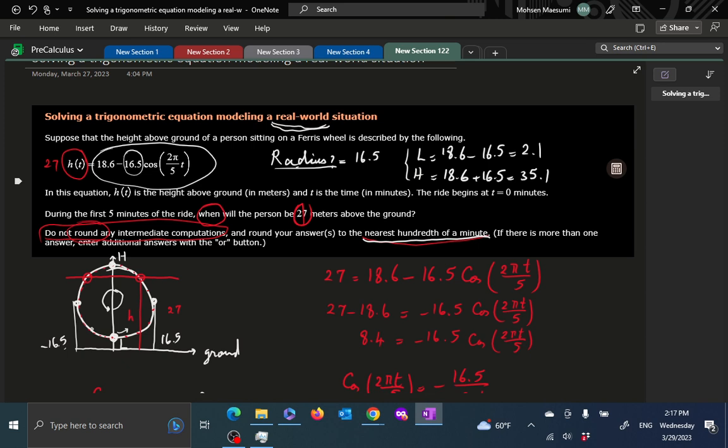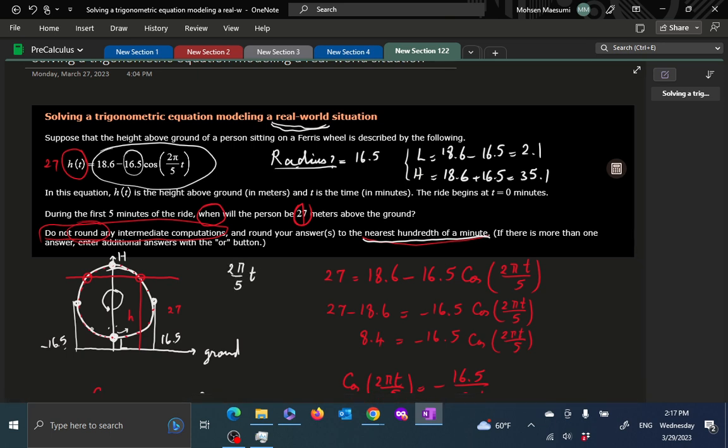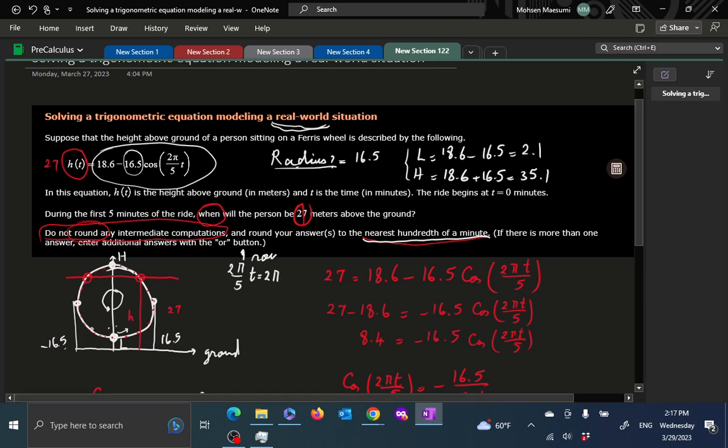For cosine to go through a full cycle, its input has to go through a range of 2 pi. So at time t equal to 0, we are at this location. By the time we make it back here, our angle has gone through 2 pi radians, that is, 2 pi over 5 times t has to become 2 pi. This is going to be one round.